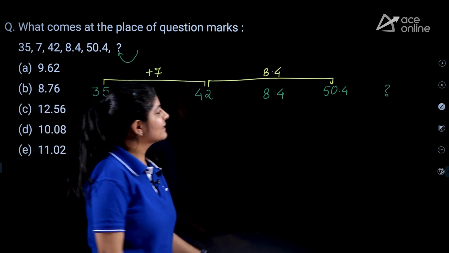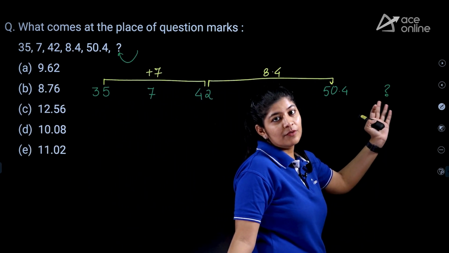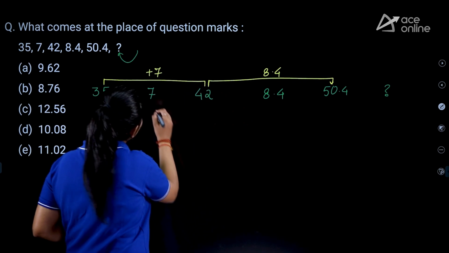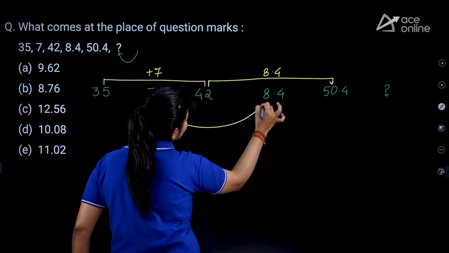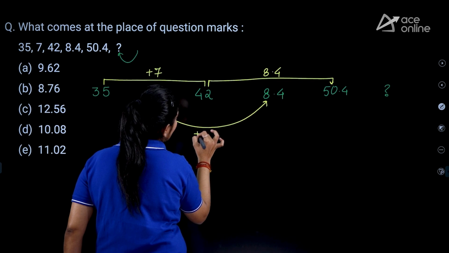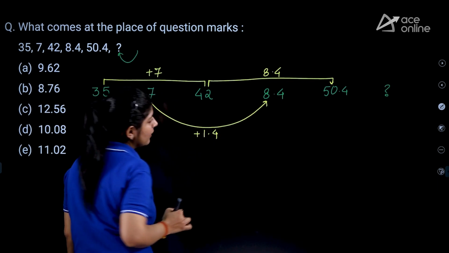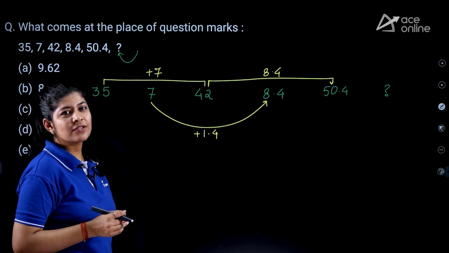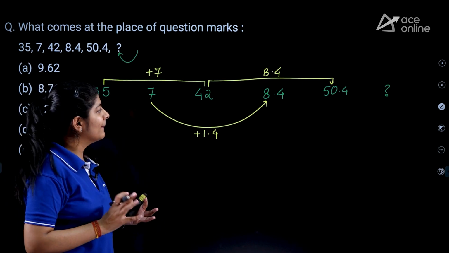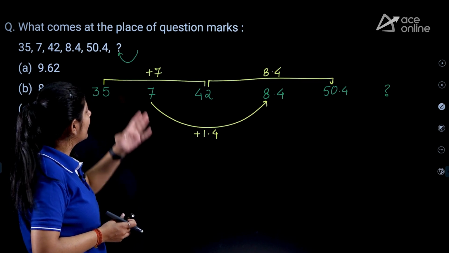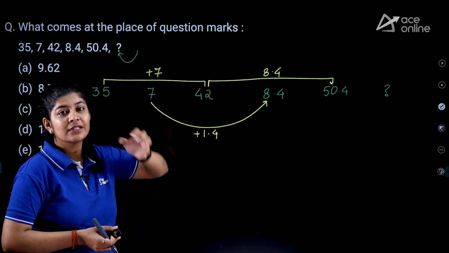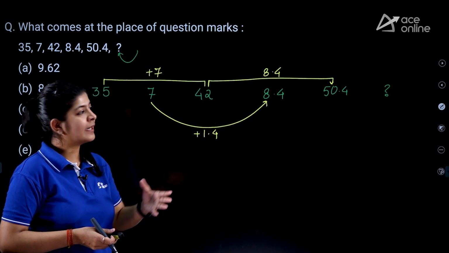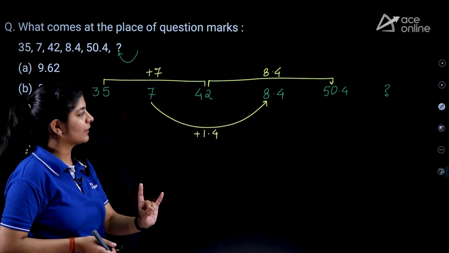But there is nothing given over here, so how do we determine what will come at this place? If I look here, I am getting a difference of plus 1.4. Right? Here I am getting a difference of 1.4. But this was not a complete cycle that I am getting. The differences between the terms are also different, so I cannot easily determine the next term that will come at that particular place.